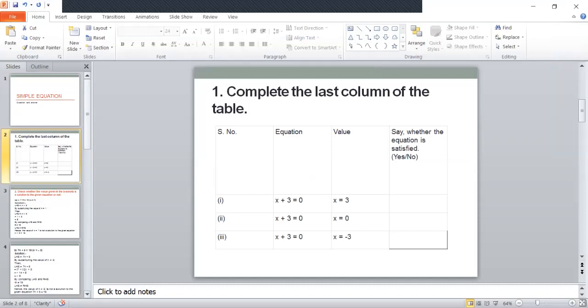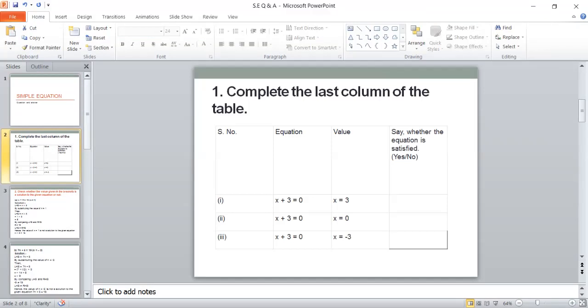In the previous class we have already discussed what simple equations are and how to make a simple equation from a statement.